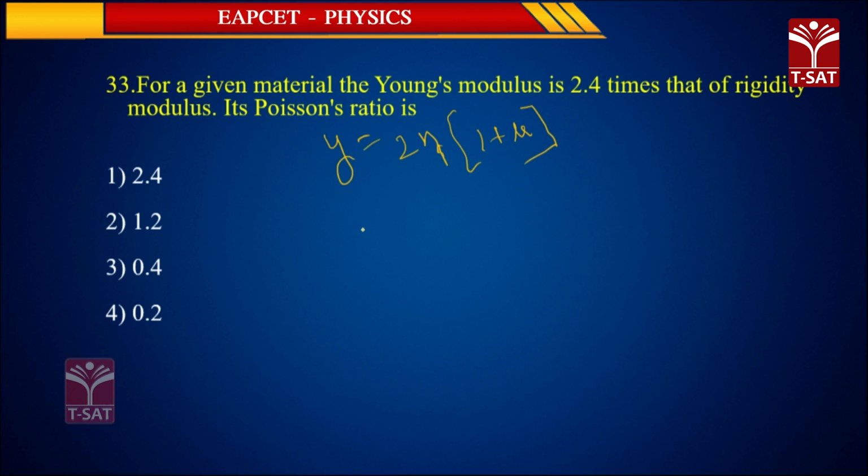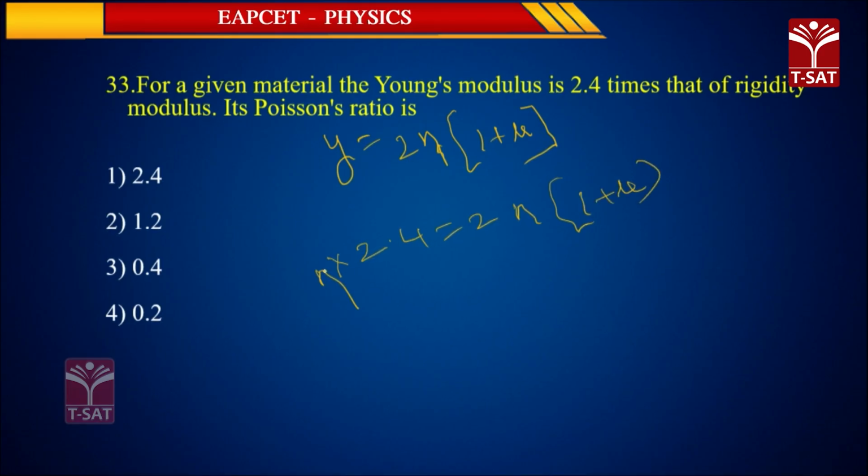Young's modulus value is given as 2.4 times the rigidity modulus. Therefore 2.4 into eta is equal to 2 into eta into 1 plus mu. See children, this eta gets cancelled, so 2.4 is equal to 2 into 1 plus mu.